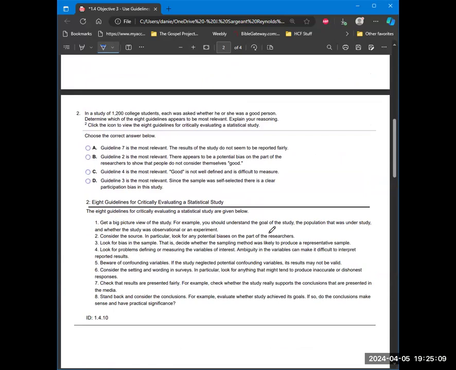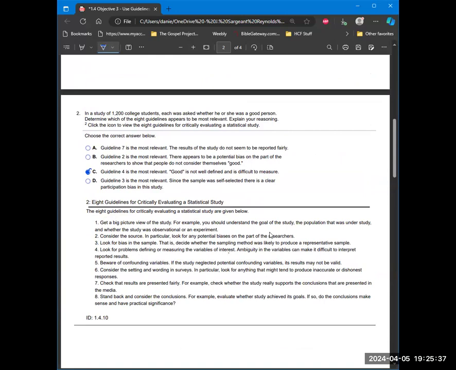So in a study of 1,200 college students, each was asked whether he or she was a good person. To determine which of the 8 guidelines appear to be most relevant, we would want to look at guideline number 4 as being most relevant right here, because there's problems in defining or measuring the variables of interest.